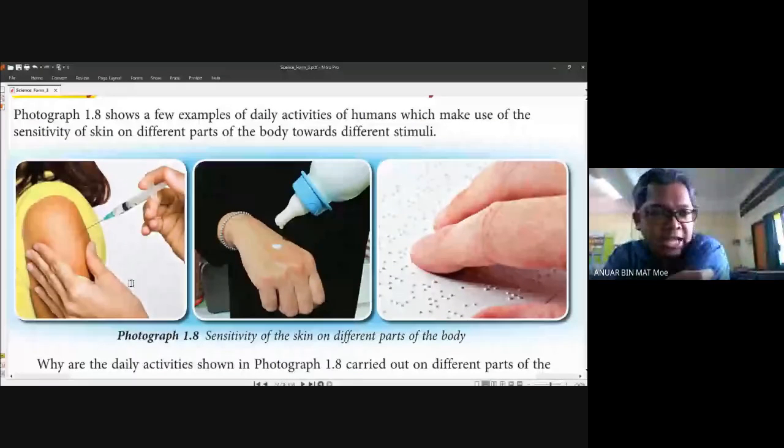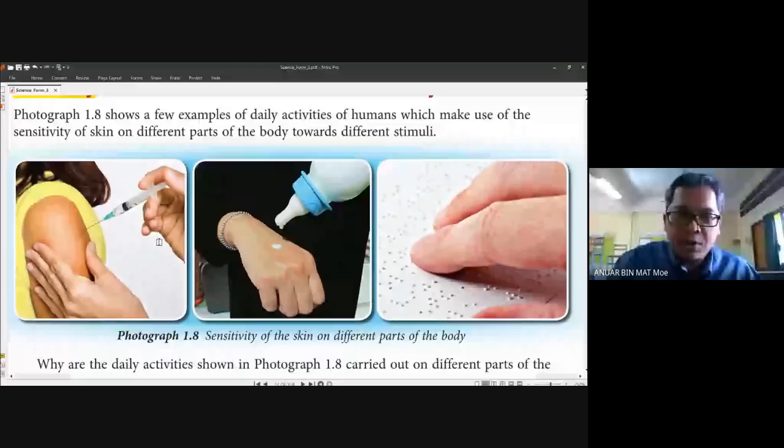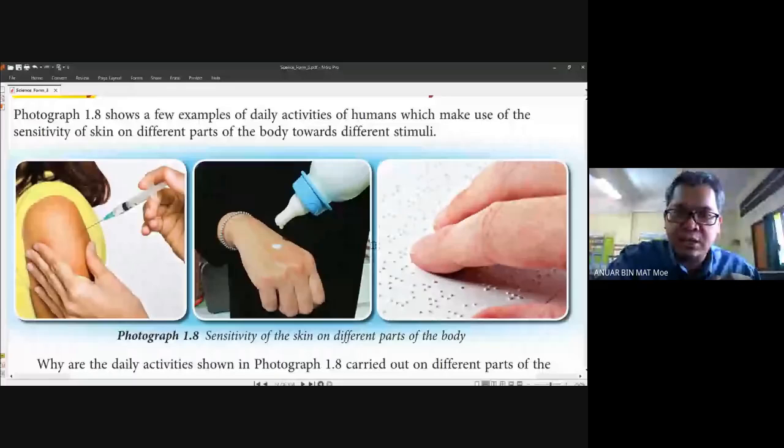Why? And then picture number 2, you can see when the mother is preparing the milk for the baby, they put the milk on the hand because they want to feel whether the milk is hot or not. And then picture number 3, the braille.